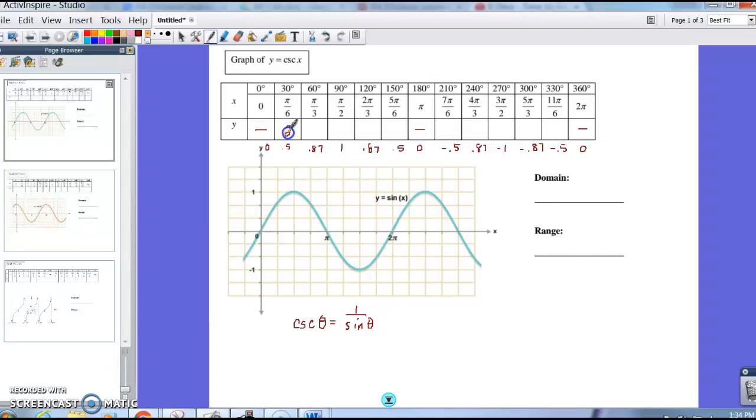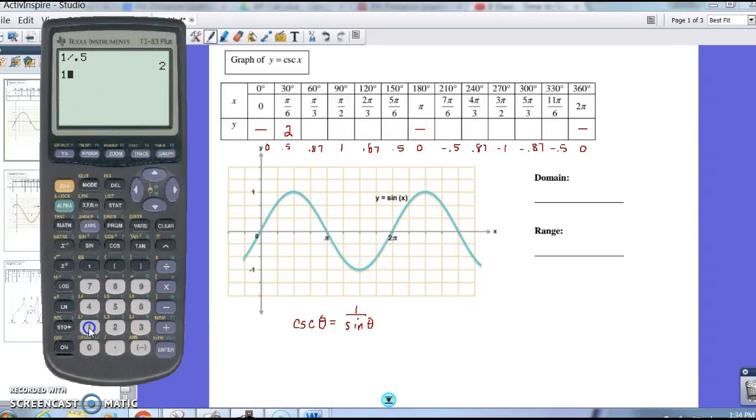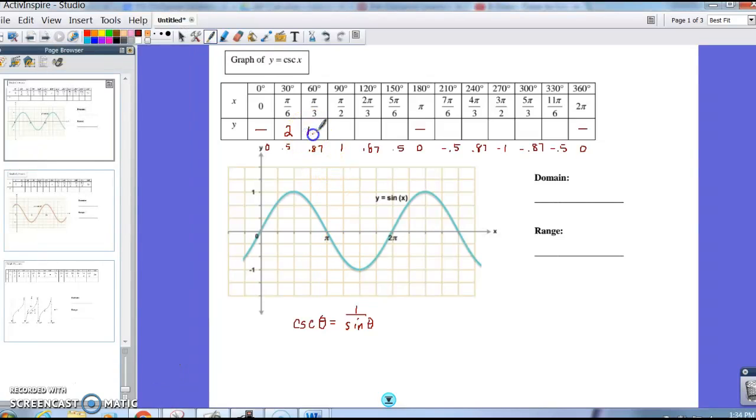So this value is going to be 2. Then I do the same thing, 1 divided by 0.87 with the next value, and that's about 1.1. And then 1 over 1 is just 1.